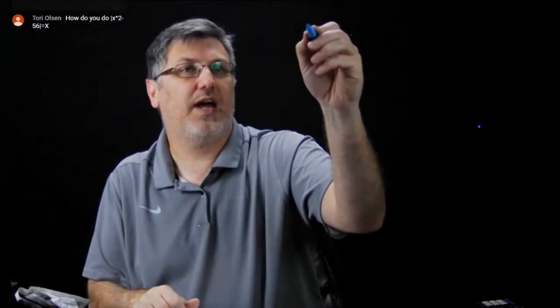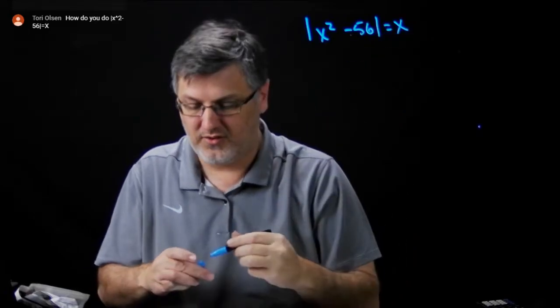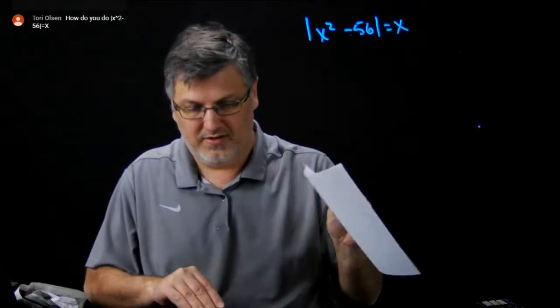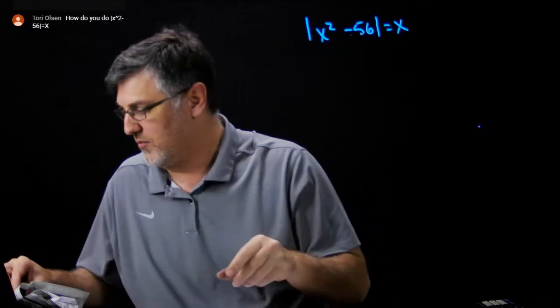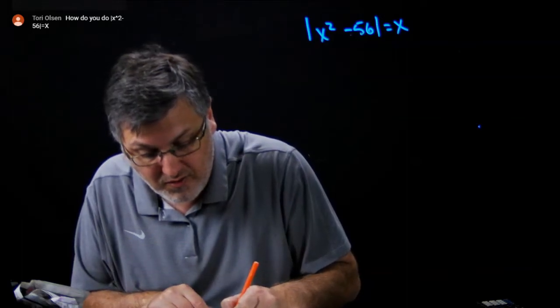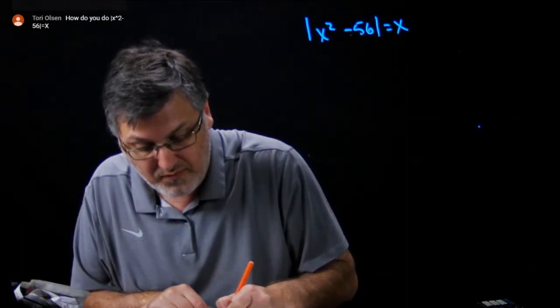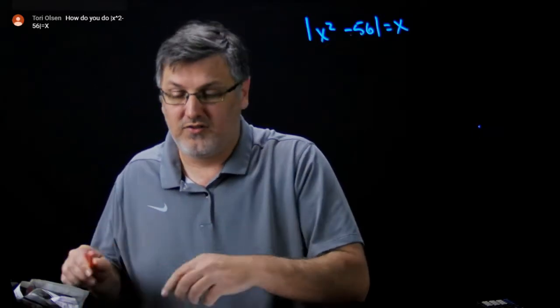Alrighty, so how do we do the absolute value of x squared minus 56 equals x? All right, that is from this week, number 10. All right, let's do this.